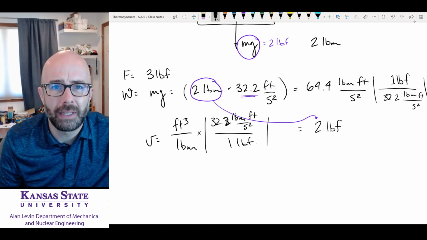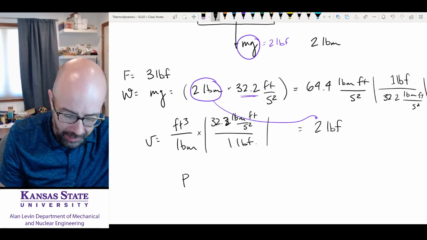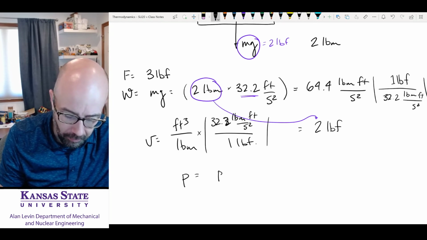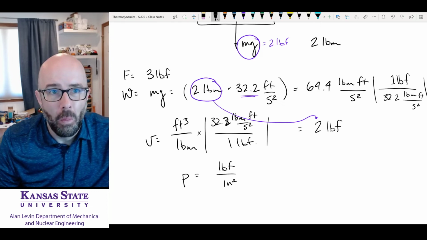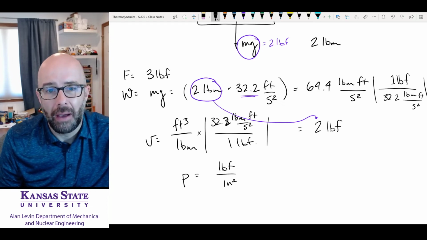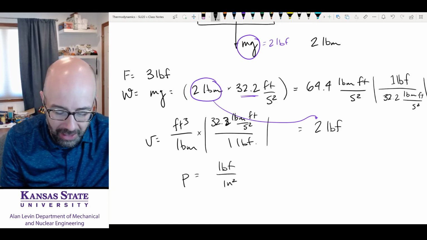Sometimes we're dealing with situations that have pressure in them, and pressure is in pounds force per inch squared. So we're going to have this force, and then we're also going to have mass and things like that. Anytime we have these units, we're going to have to convert back and forth.